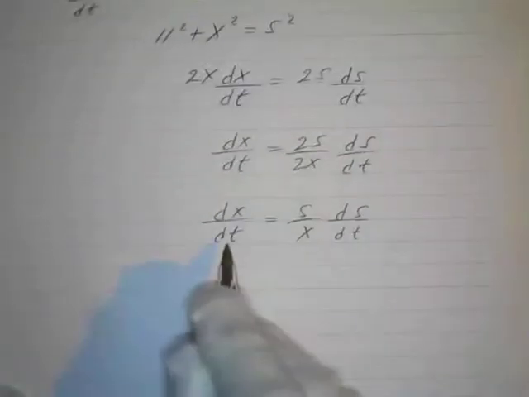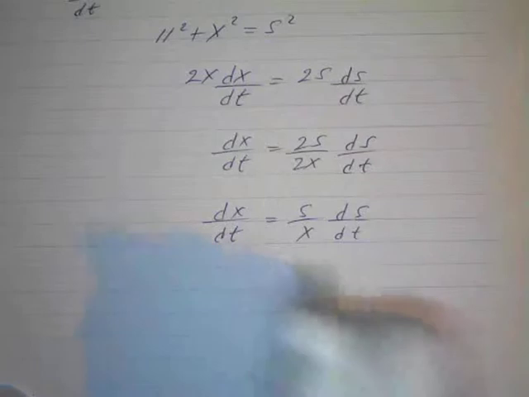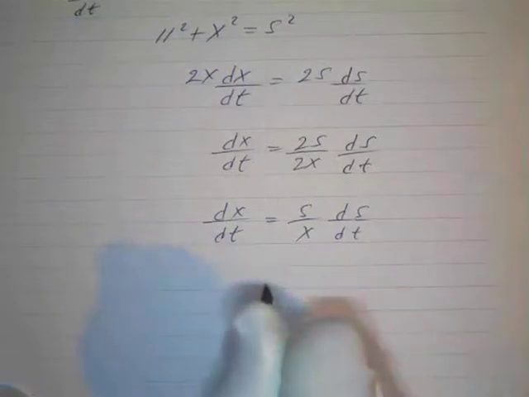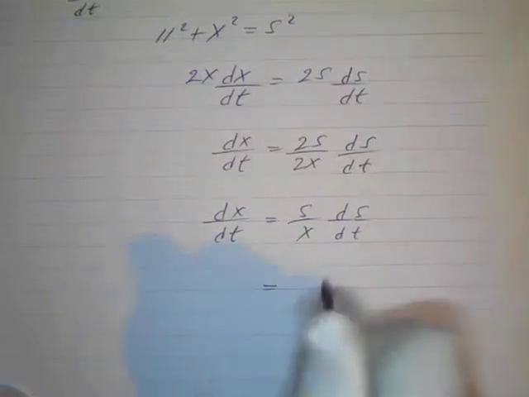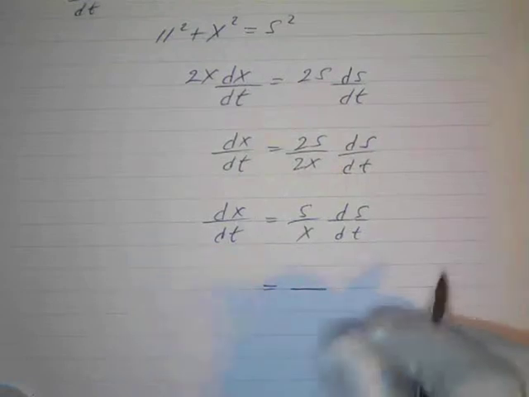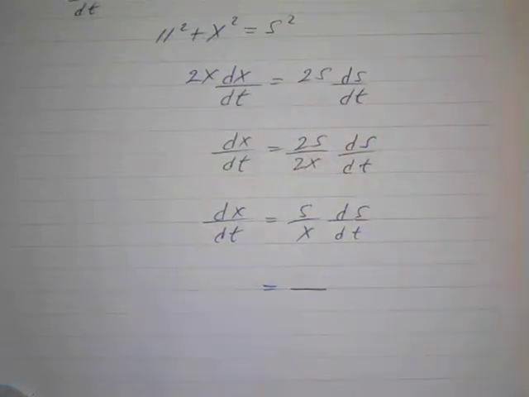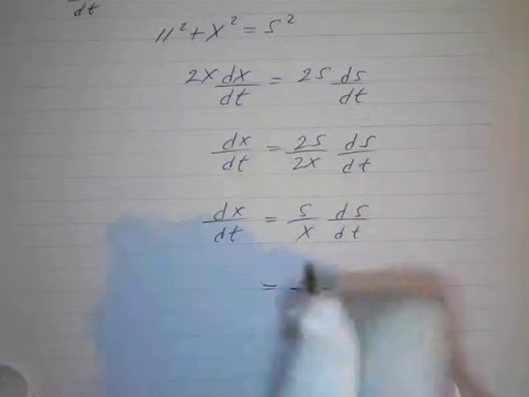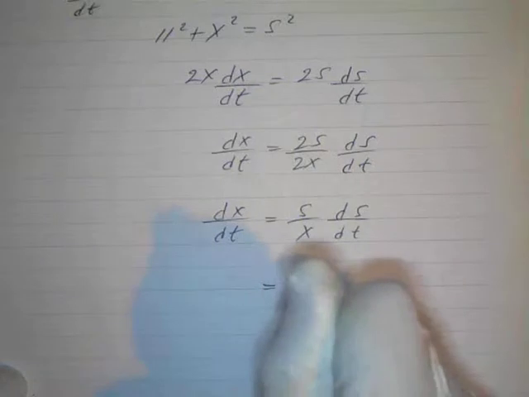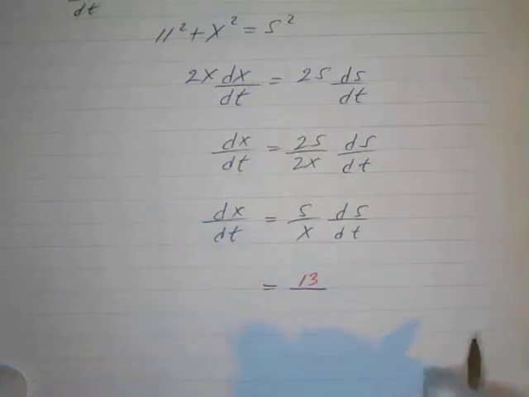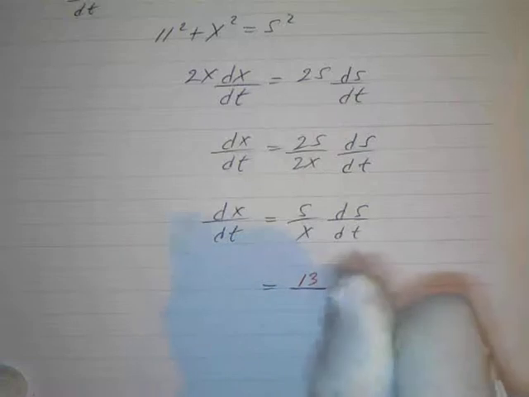And that's what we're looking for, so we just substitute our data in. What's s? S is going to be 13. Up at the top, it says S is 13. And ds dt was 300 miles per hour.